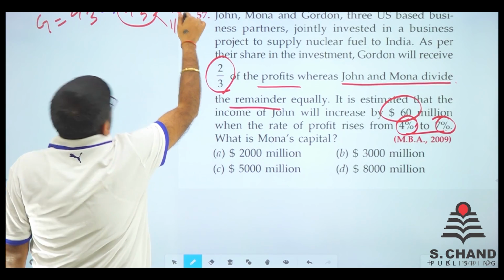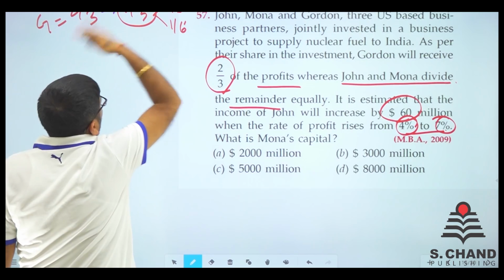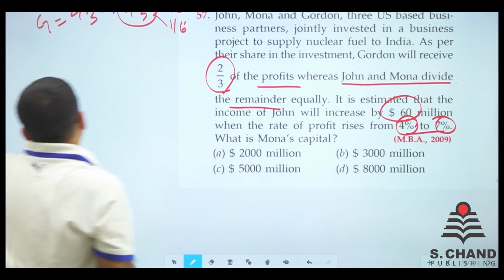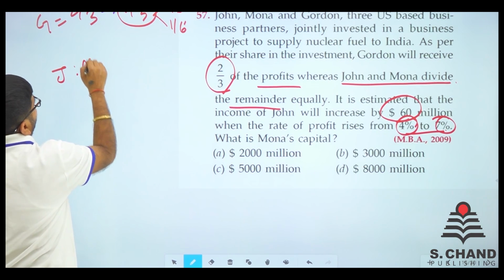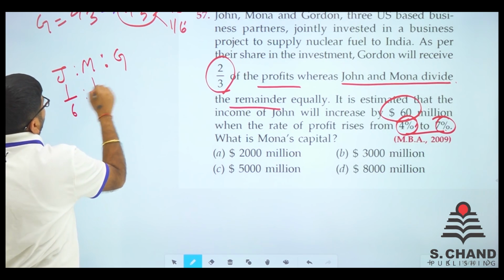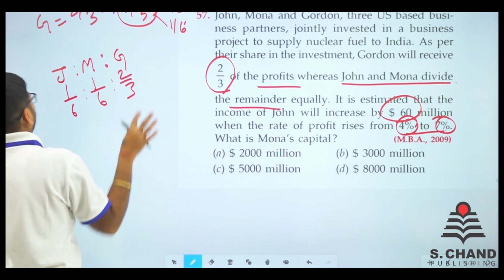When you add 1/6 and 1/6, you get 1/3. And when you add 1/3 to the 2/3, you get the whole. So John, Mona, Gordon is 1/6, 1/6, 2/3. So we multiply everything by 6.